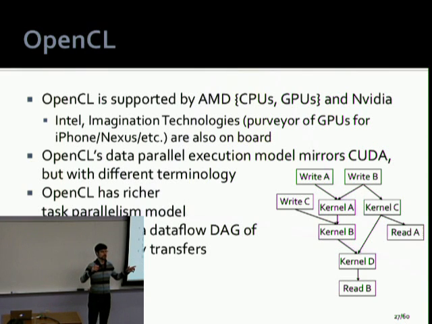This allows the runtime to pipeline the transfers between the host and the device, as well as computation on the device, instead of having barriers all the time. It also allows for multiple kernels to run simultaneously on the same chip. So say, for example, you run one kernel and it doesn't have enough parallelism to fill the chip. You can use another kernel in a different stream to fill up the rest of the chip.